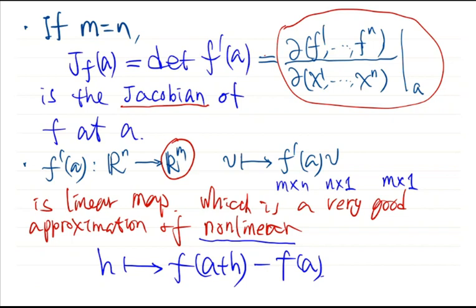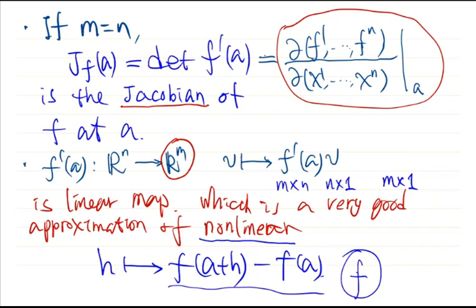Okay, so this is the fundamental idea of the derivative in multivariable calculus. We will study the nonlinear map, which is essentially our original map f. We will get a local property of this nonlinear map by studying the linear approximation, which is the linear map determined by the Jacobian matrix.